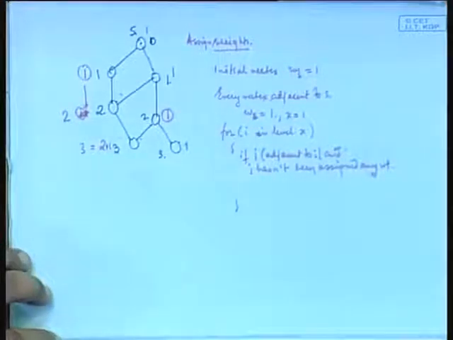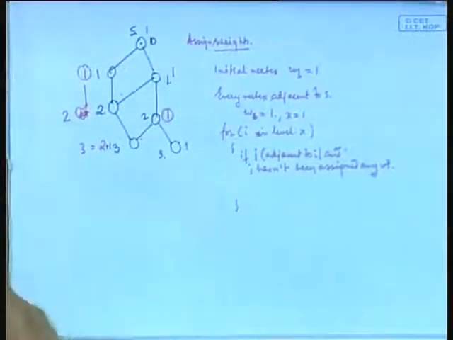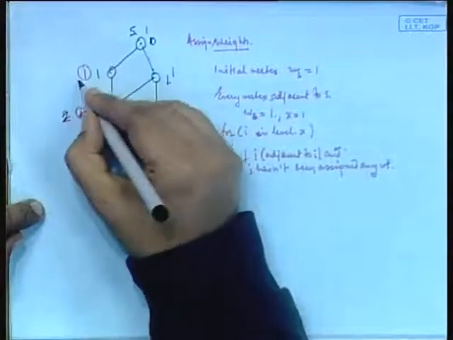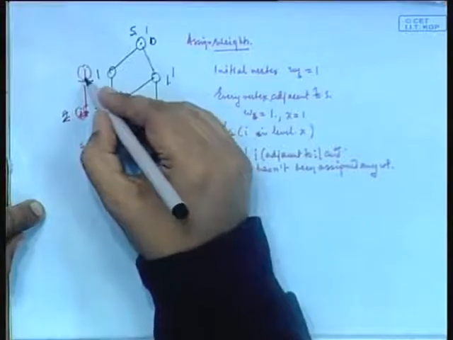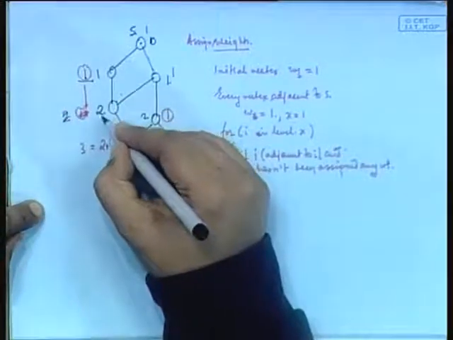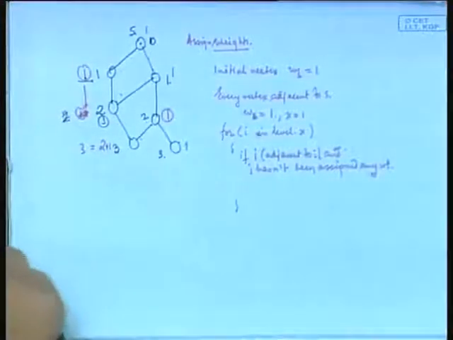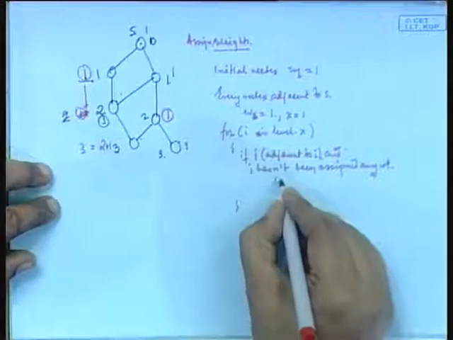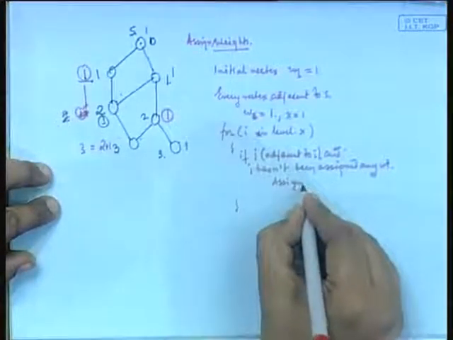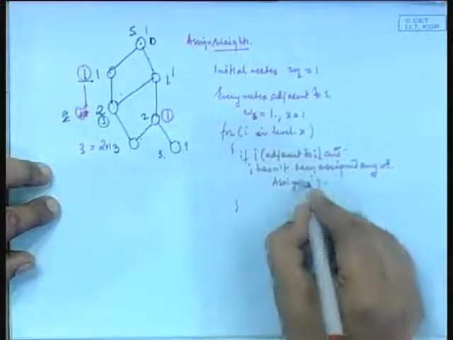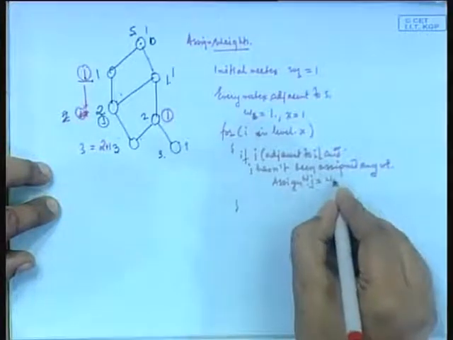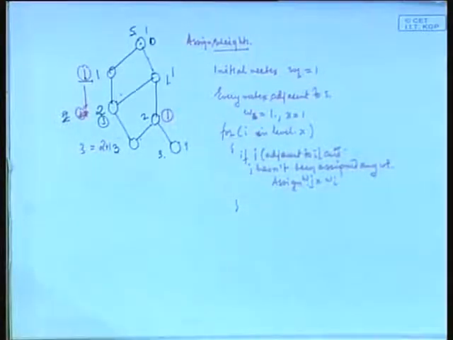Like for this case, say I is this one. So, initially j is this one, and nothing has been assigned to j. So, assign how much? Assign weight j equal to weight I. Whatever is the weight of I, that will be the weight of j. No problem.